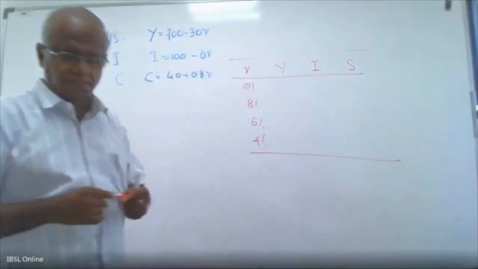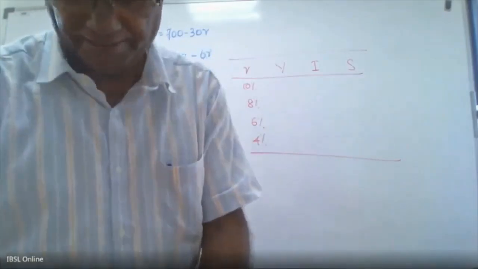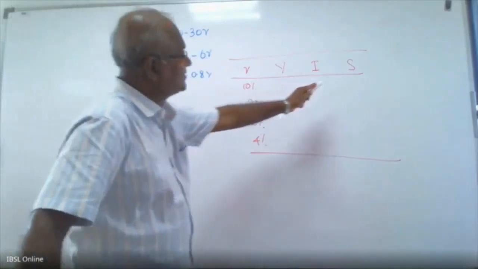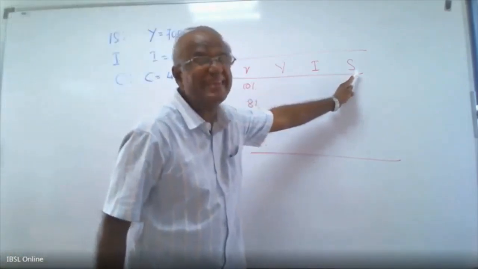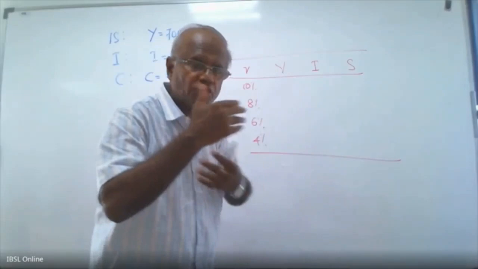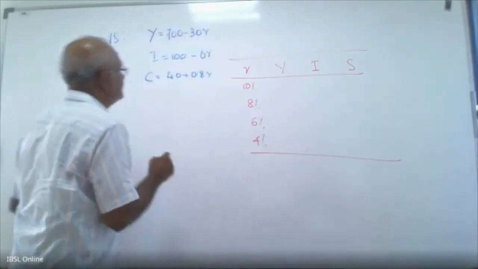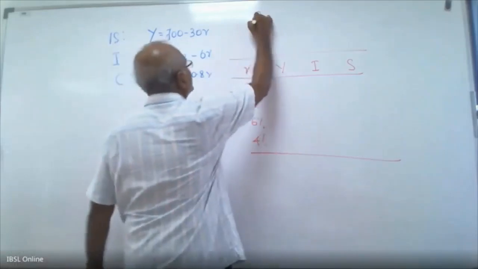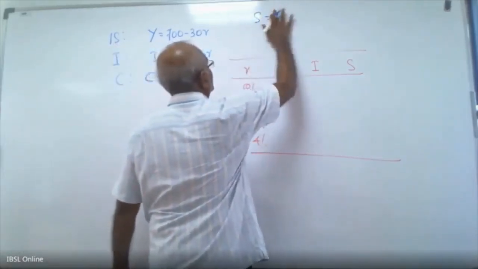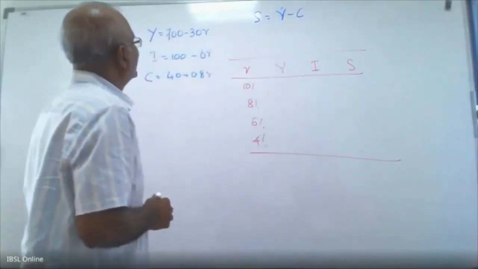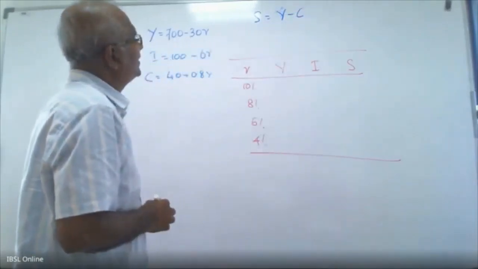Now let's discuss the savings function also. What is savings? Savings is the residual. Income minus consumption is the savings. Savings equals income Y minus C.